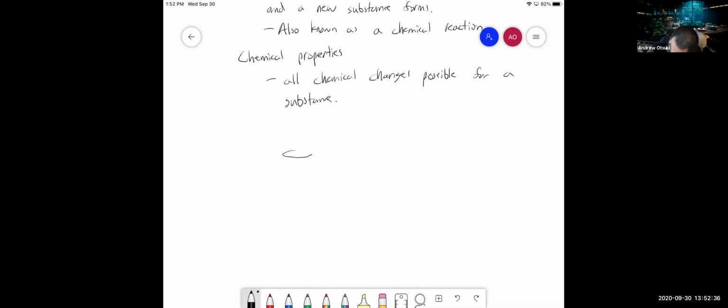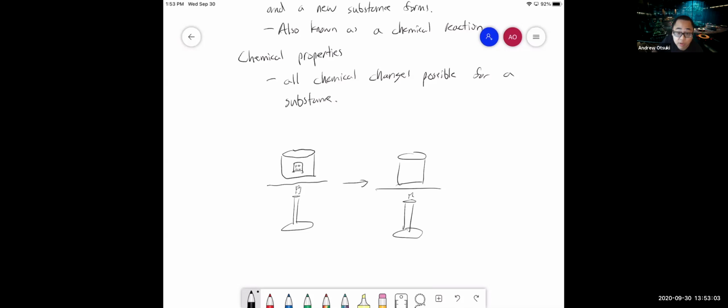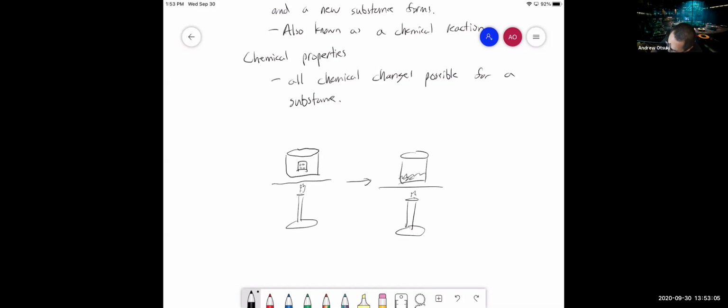Say I have a beaker here, and here's my solid ice. And if I applied some heat to it, I eventually turn that water into a liquid here.